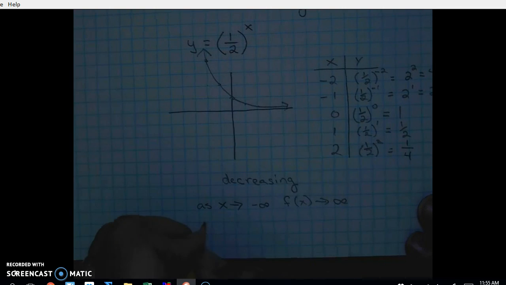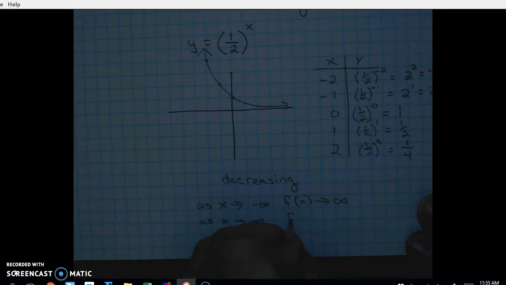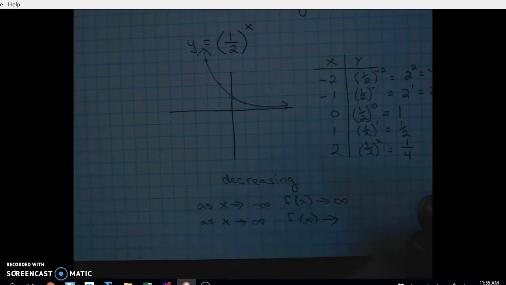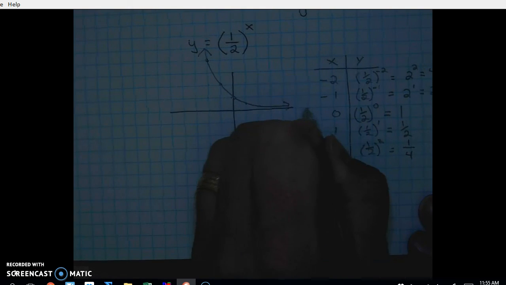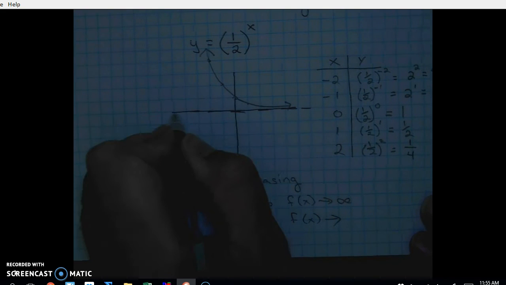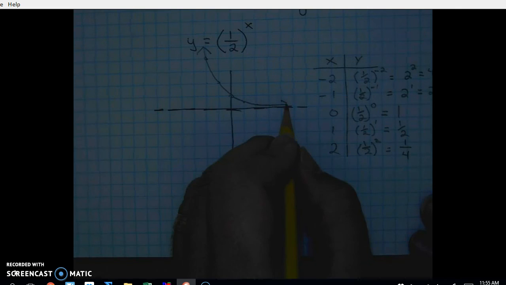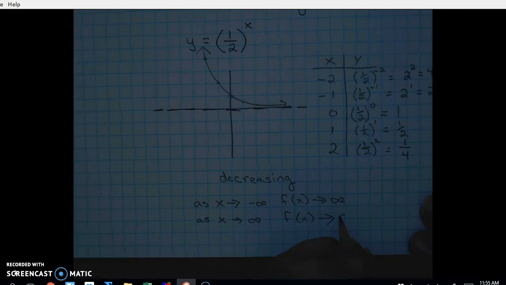On the right side, as x approaches +infinity, f of x is approaching our horizontal asymptote, which I haven't written in here yet. The k value is 0, so our horizontal asymptote, and yes, you must draw these in using dashed lines, please. And so this is approaching 0.